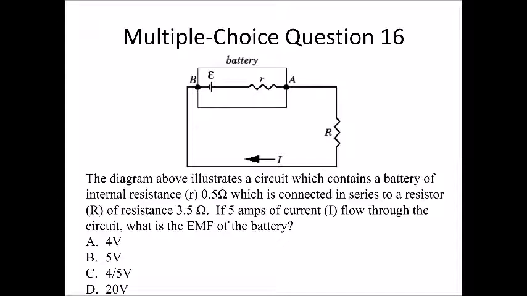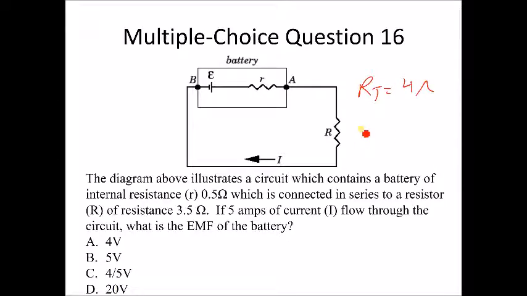To figure this out, we first need to find the total resistance of the circuit. It's a series circuit. We've got one resistor, 3.5 ohms, but there's also some resistance in the battery of 0.5 ohms. To find the total resistance, we simply add those up. The total resistance is going to equal 3.5 plus 0.5, a total resistance of 4 ohms.